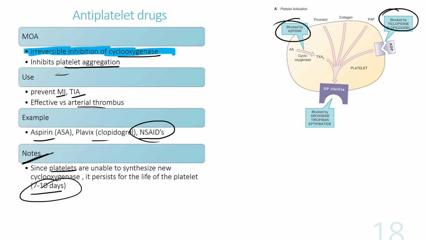Platelets last for 7 to 10 days. So aspirin blocks the cyclooxygenase enzyme, and aspirin prevents platelet plugs forming.